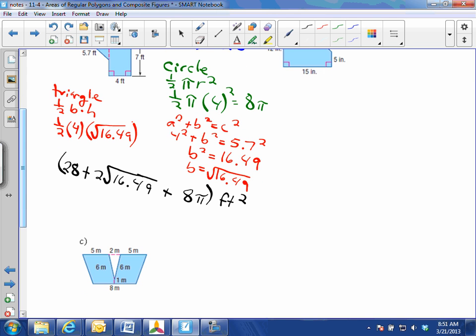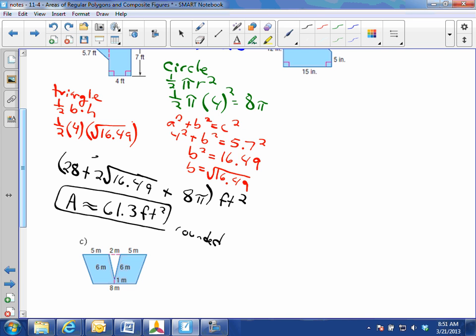Don't round until the very end, so keep all those decimals on your calculator, and just add it. So that's rounded. This one is exact.